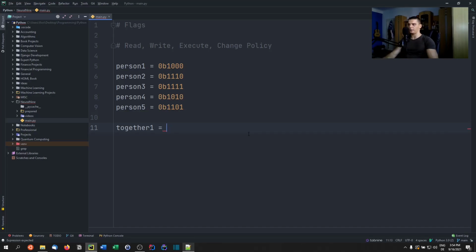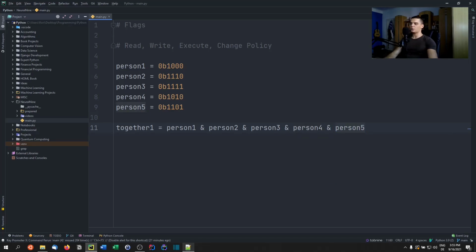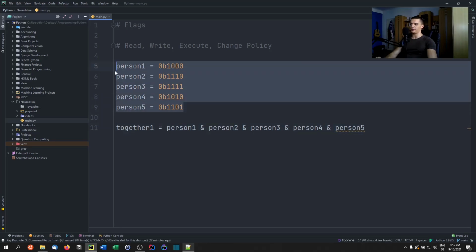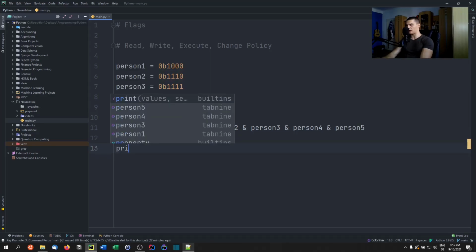The least powerful permission that they all have in common. What I can do for that is I can say person 1 and person 2 and person 3 and person 4 and person 5. This is going to give me the bitwise AND of all these permissions, and I'm going to get the least powerful permission that they all have in common.